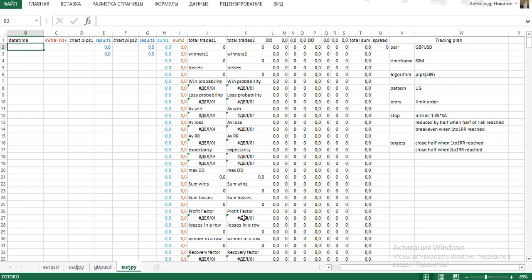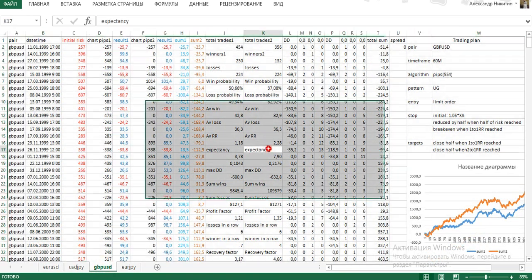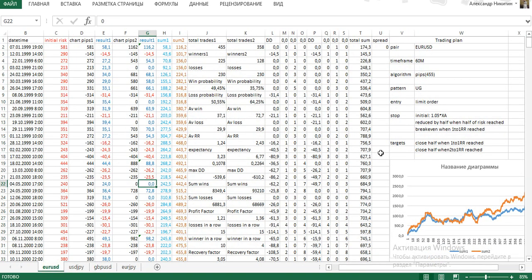Okay, if you guys are new, in my previous videos I've done Euro Dollar, Dollar Yen, Pound Dollar, and if you want to see the results, these are the win probability, loss probability, the average risk reward and expectancy, and the same with second target, and another is the profit factor.